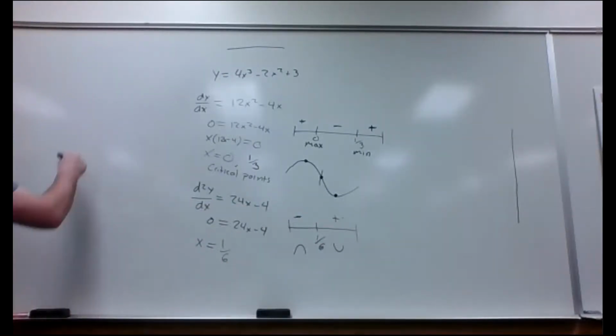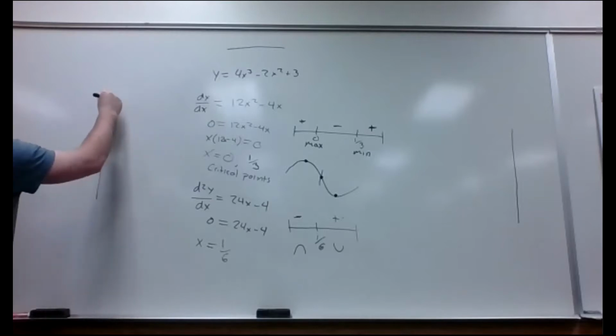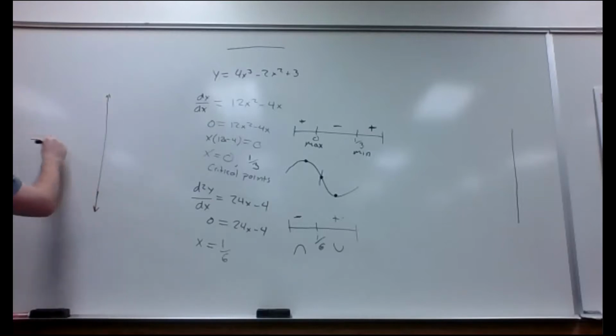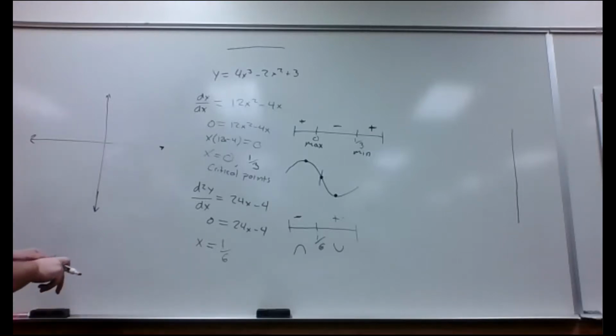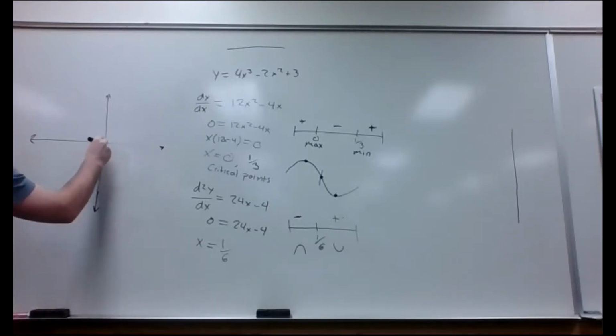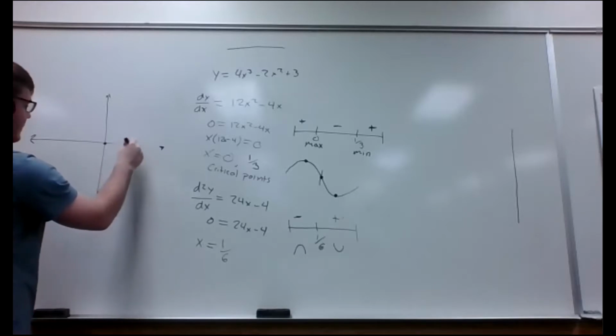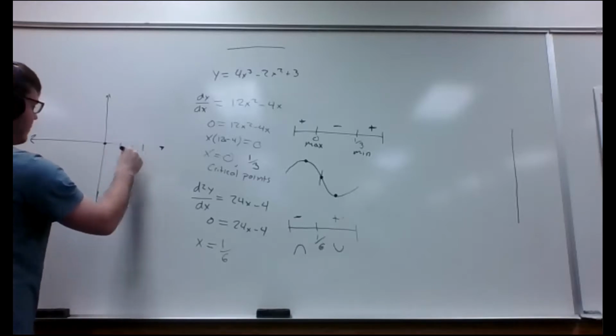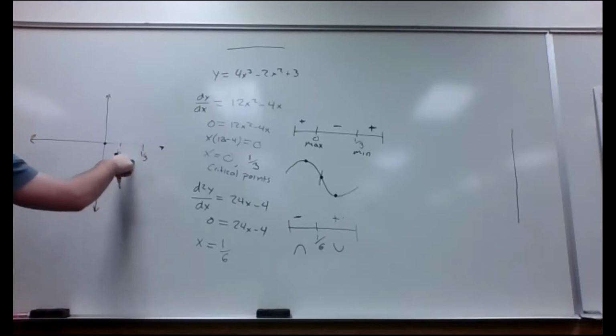And so if we were to draw a graph now, we have some points that we have to take care of. So we know at x equals 0, and let's say we'll do it. So this is 1/6, and this is 1/3, right?